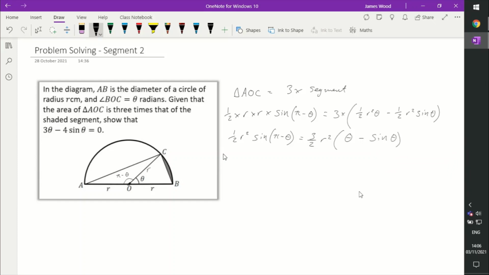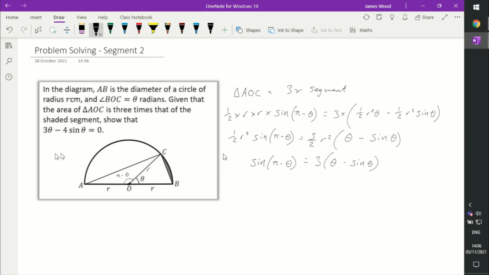Okay, so I've got it like that. Now what I'm going to do is divide through by the half and the r squared, because that appears on both sides as well. So I'm just going to be left with sine pi minus theta equals 3 theta minus sine theta, like that.